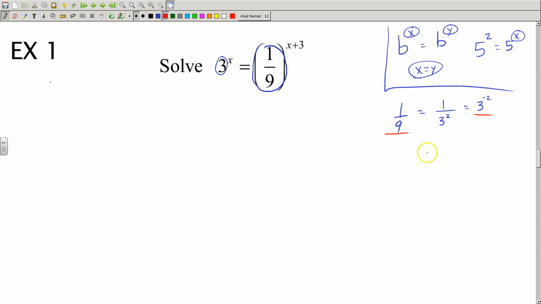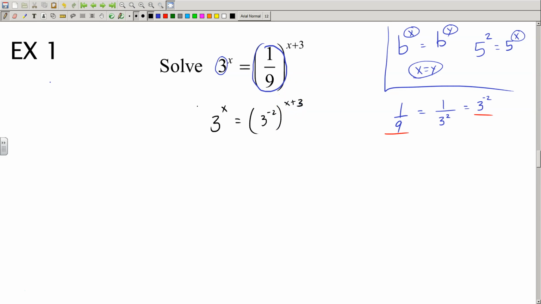Those are equivalent values. So what I'll do here in this problem is just rewrite it with the same base. Instead of 1/9, I'm going to put 3, not -3, 3 to the -2 there. And that still is raised to the x plus 3.